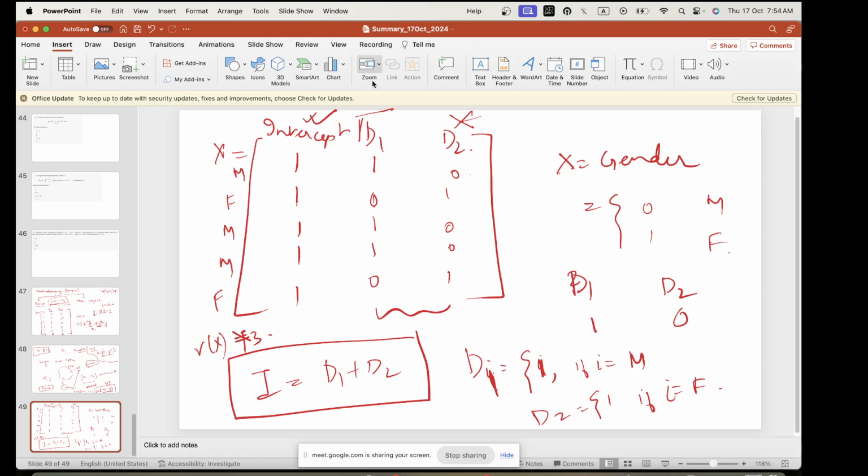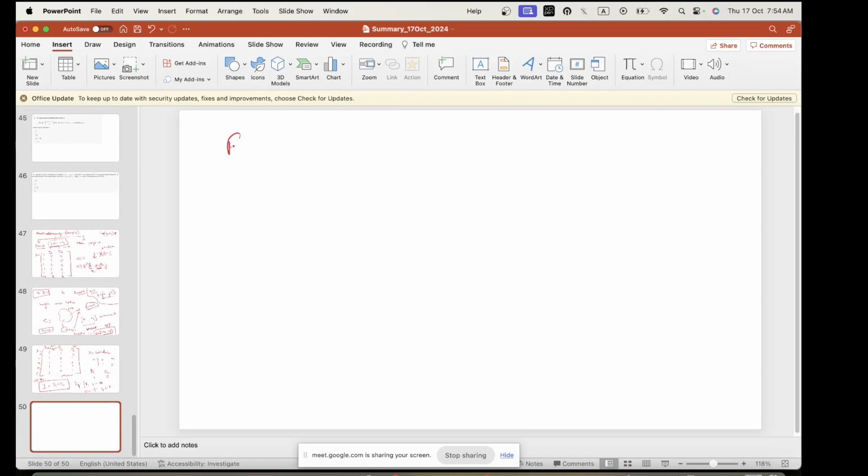And this is also why we use a smaller number of dummy variables than the number of categories. Okay, so if we have 3 categories, let's say education as well, low, middle, and then high. Let's say this is primary school, this is middle school, this is high school.